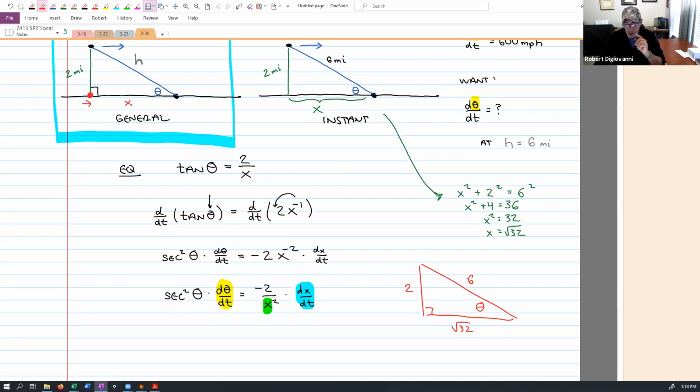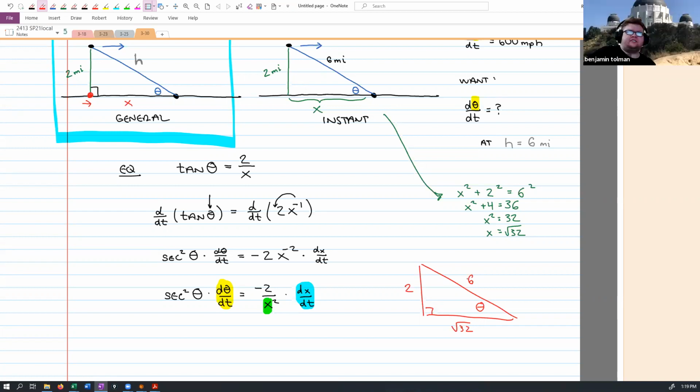Well, let me ask you this. Cosine of theta is adjacent over hypotenuse, right? Secant of theta is the reciprocal of cosine, so secant should be hypotenuse over adjacent.